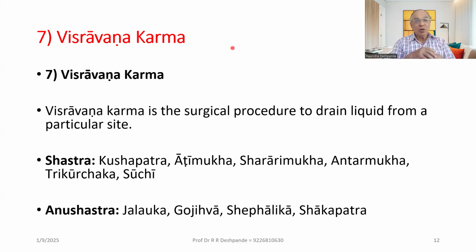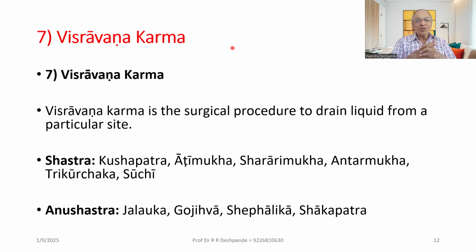As Anushastra, we can use the Jalauka. Yes, Jalaukavacharana, application of leeches as Rakta Mokshana. Whenever the person has a lot of problems with the skin and Pitta dosha, for example piles, psoriasis, herpes zoster, the accumulated impure blood has to be taken out with the Panchakarma called Rakta Mokshana.